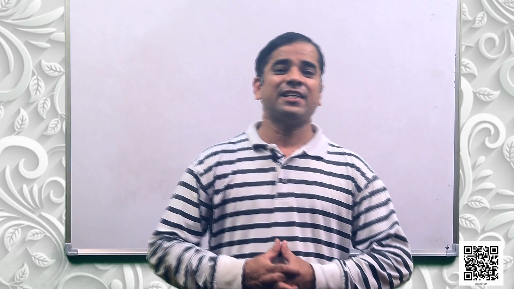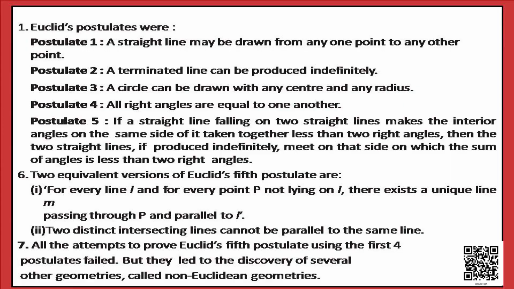Then we have discussed Euclid's postulates. Postulate 1: a straight line may be drawn from any one point to any other point. Postulate 2: a terminated line can be produced indefinitely. Postulate 3: a circle can be drawn with any center and any radius.